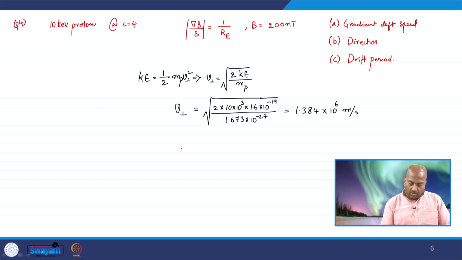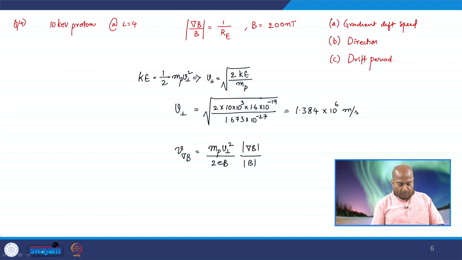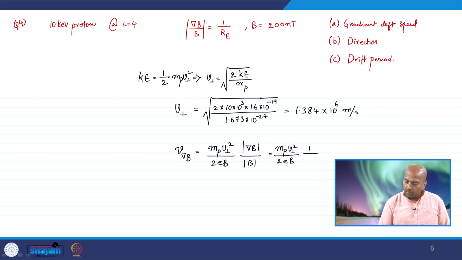From plasma physics, the gradient drift velocity has a formula: m_p v_perpendicular squared divided by 2eB, times del B over B. By substituting what we know, it becomes m_p v_perpendicular squared divided by 2eB, times 1 by R_E from here.